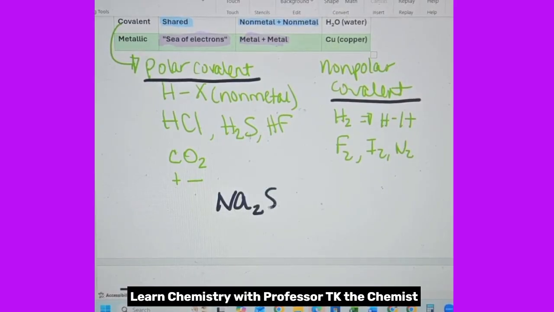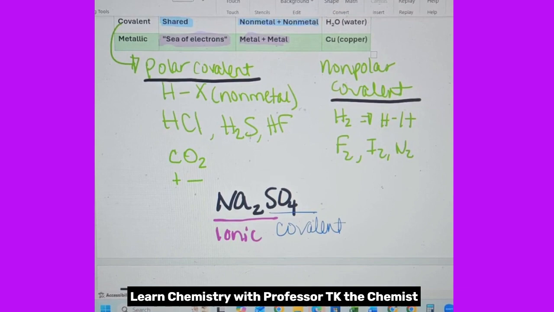Sodium sulfate, for instance. Generally speaking, if I ask you to identify what type of bond this is, well, part of it is ionic, and the other part is covalent.